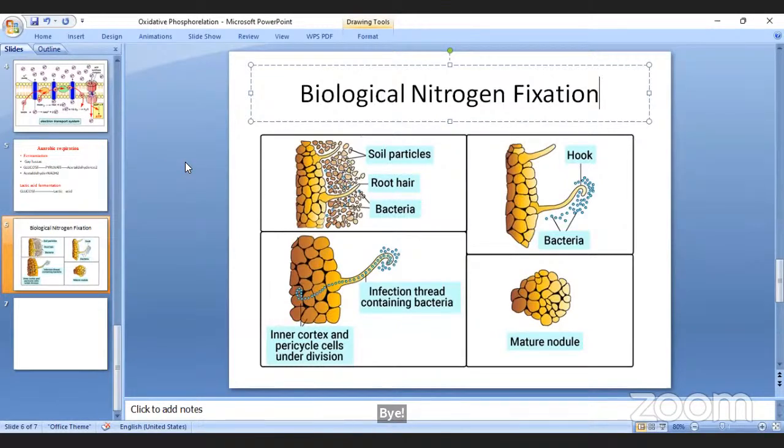Next, micro aerobic, Azospirillum, facultative, Klebsiella, non-photosynthetic, Clostridium, photosynthetic, Rhodospirillum rubrum. These all belong to bacteria.